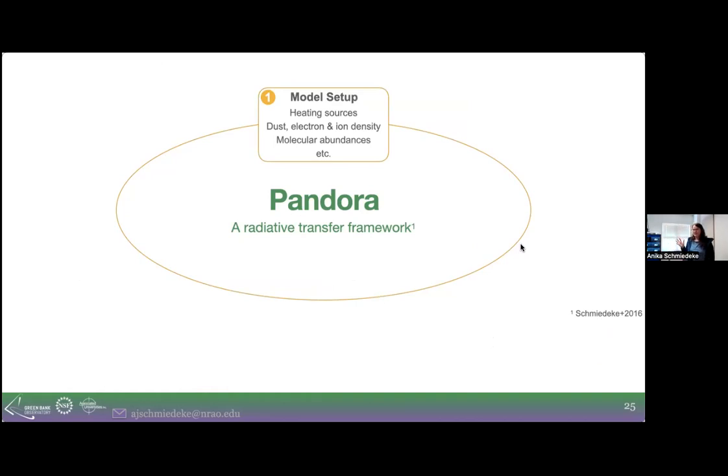But in Herbig stars, for example, you have your Herbig stars there that are heating up the environment, so you can place these. You distribute your dust, your electron and ion densities, and you assume molecular abundances if you do continuum and molecular line studies. Then you follow this by running the dust temperature calculation, for which I'm using a code called RMC3D.